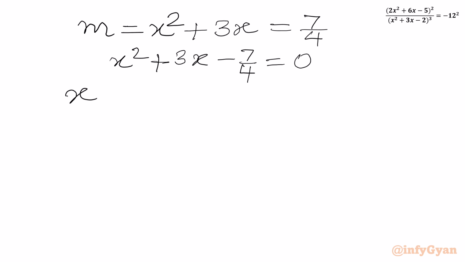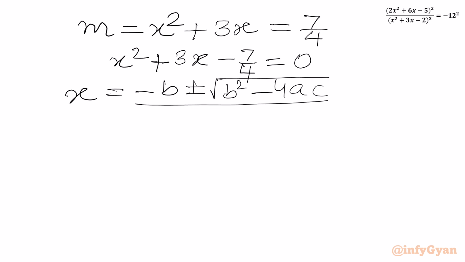Now I will use the quadratic formula. So as per the formula, minus b plus minus square root b square minus 4ac over 2 times a. Here a is the coefficient of x square, 1, b is the coefficient of x, 3, c is negative 7 over 4.